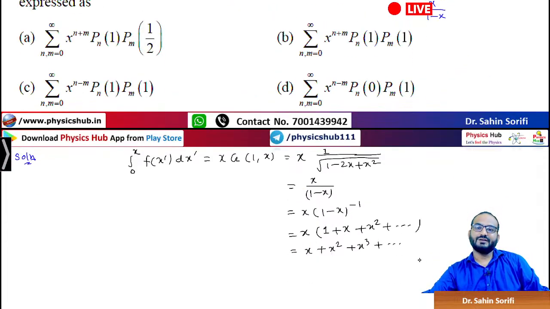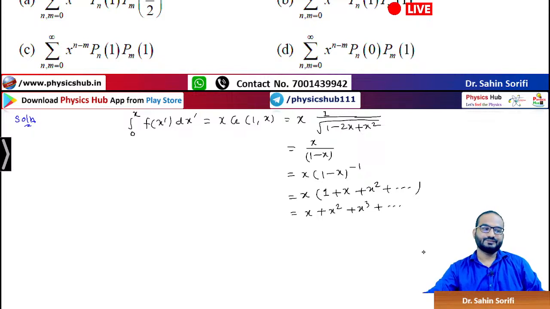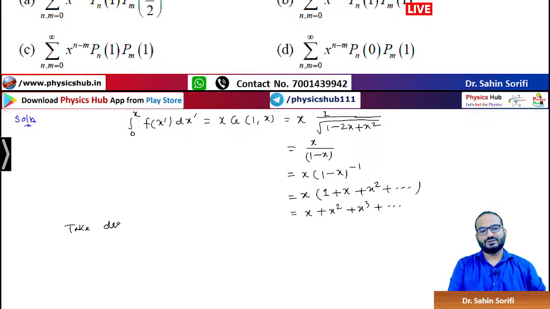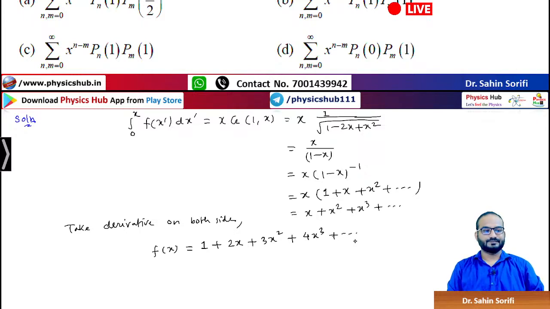Now if you take derivative of this integral equation, what you get? Take derivative on both sides. So this will become f of x, and if you take derivative on this side, 1 plus 2x plus 3x square plus 4x cube and so on.